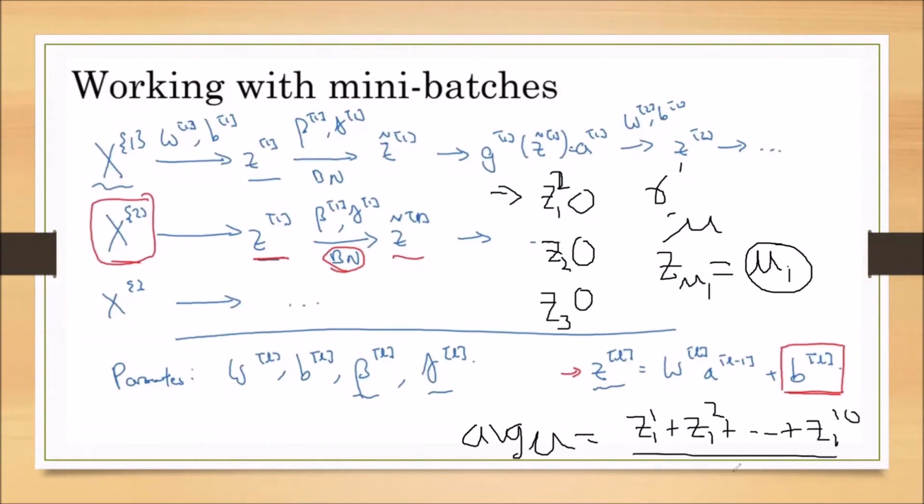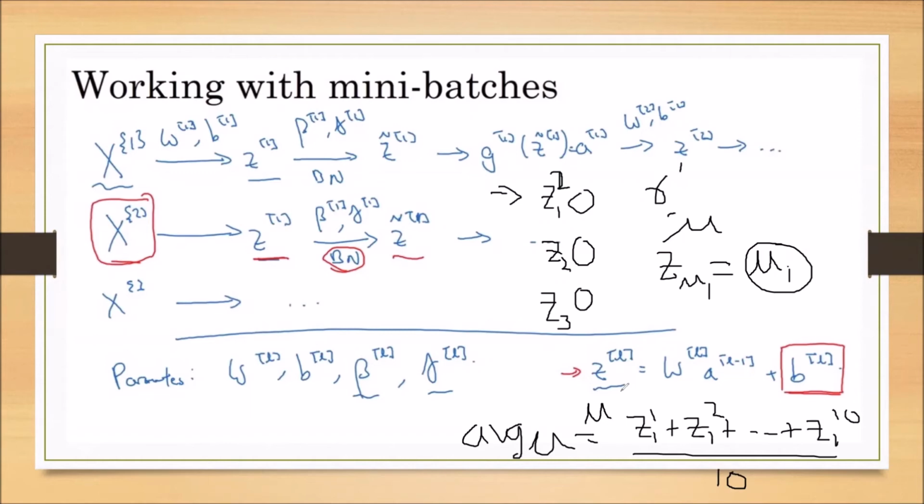Now when I am performing the average, this is what we are calling the mean. In order to make you understand, I have only considered 10 training samples, but whatever may be our mini batch size, if our mini batch size is 1,000, then the 1,000 Z values of the first activation unit in the first layer will be added, and we are dividing that by 1,000 to give the mean.